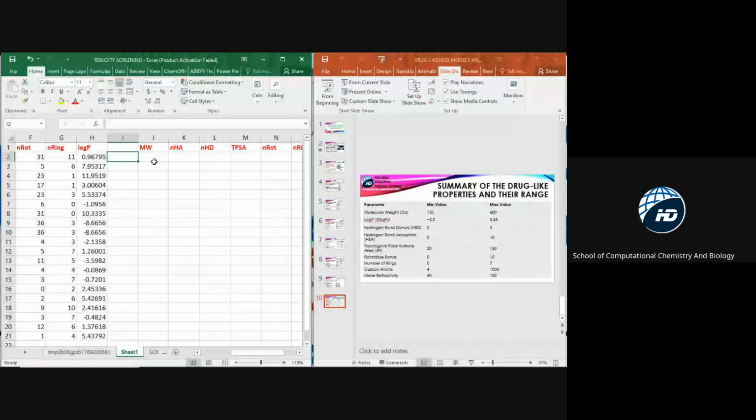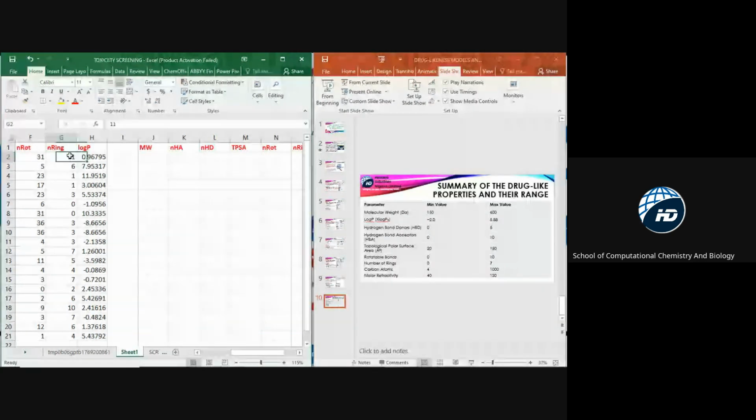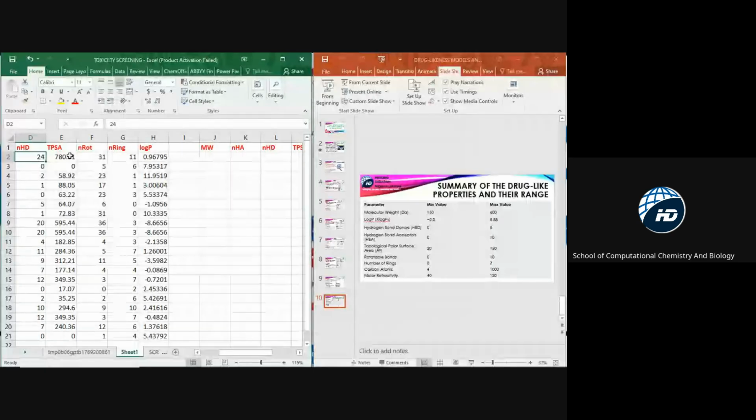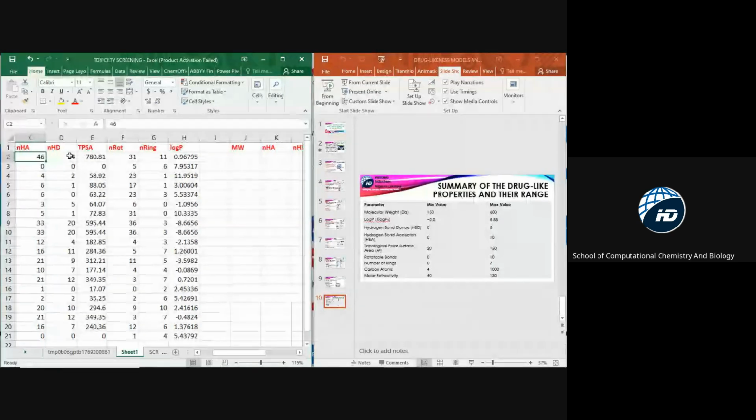Why I copied these parameters to another column is to enable us convert each of these values we have here into a binary digit of 1 or 0. That will also help us to do our screening when they are now at 1 or 0.